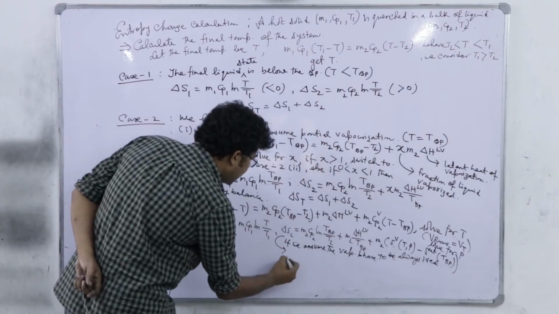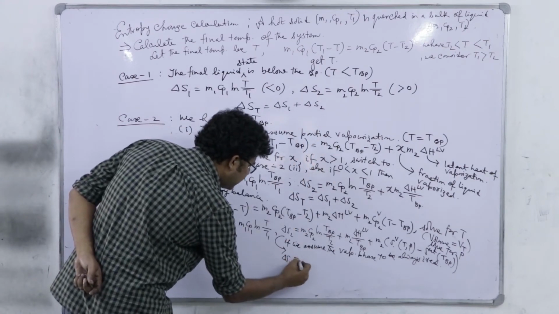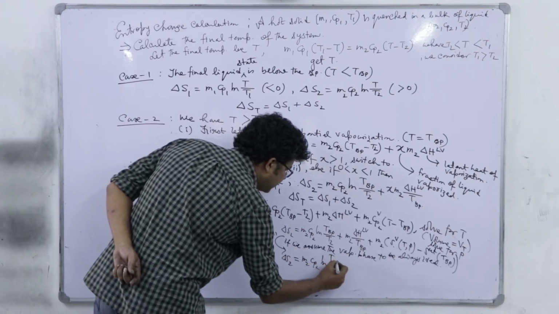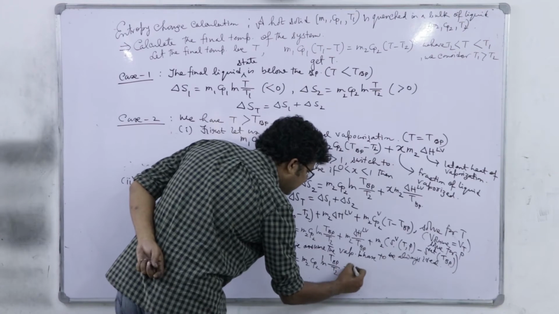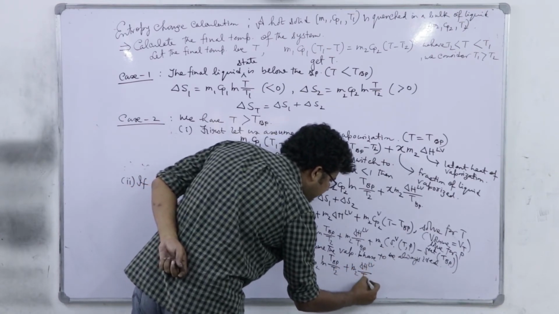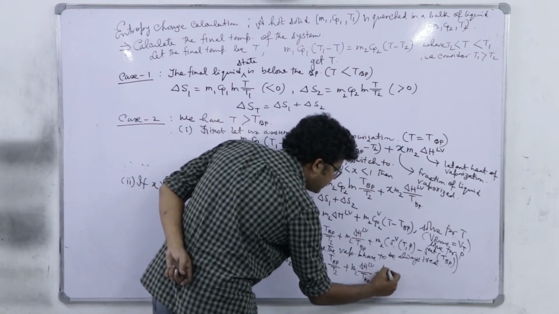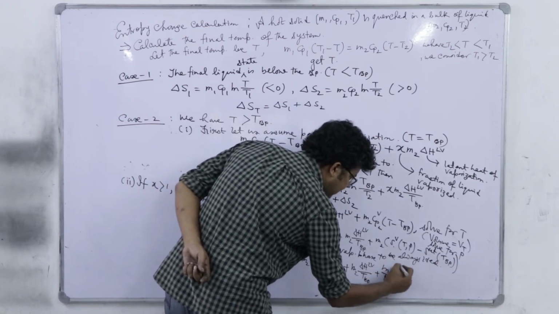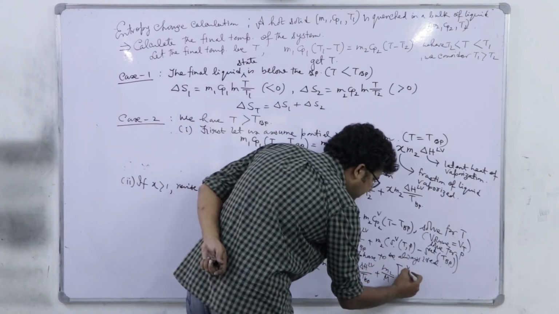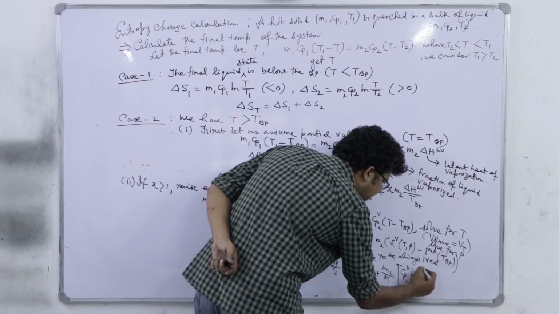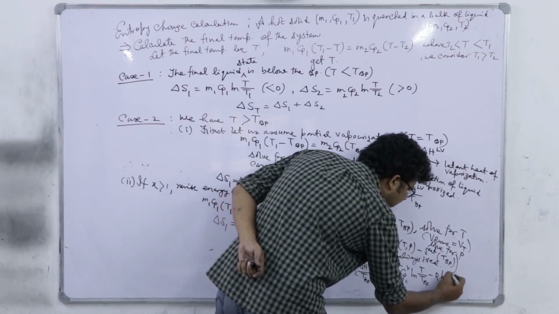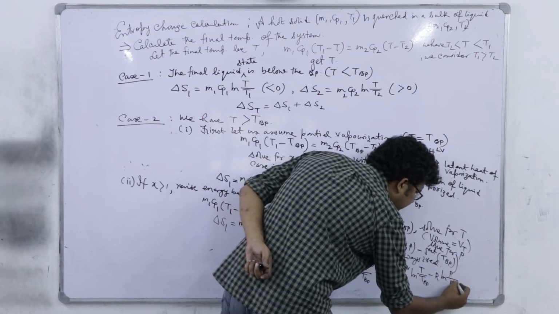then we have the ideal gas equation that delta S2 will be equal to M2 CP2 ln of TBP by T2 plus M2 delta H LV by TBP plus M2 by molecular weight, so you are converting it into moles, then CP2 vapor into ln of T divided by TBP minus R ln of P divided by P saturation.